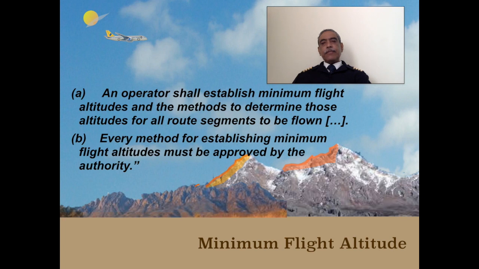That means all these procedures to determine the minimum en route altitudes, etc., will be listed in the operations manual of the operator, and those would have been approved by the respective regulatory authority. That's what this rule means.